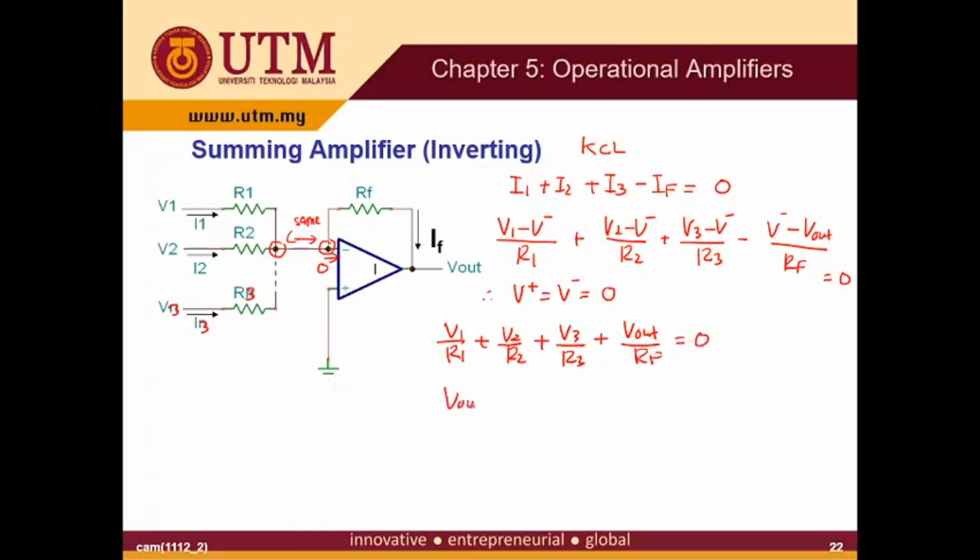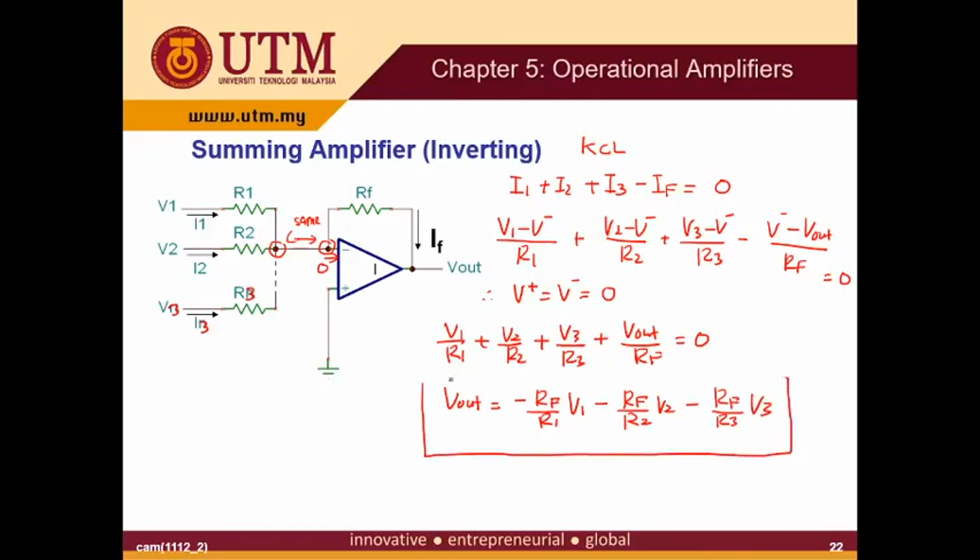And you get Vout is equal to negative RF/R1 times V1, negative RF/R2 times V2, negative RF/R3 times V3. Okay, so this is the answer for the inverting summing amplifier.